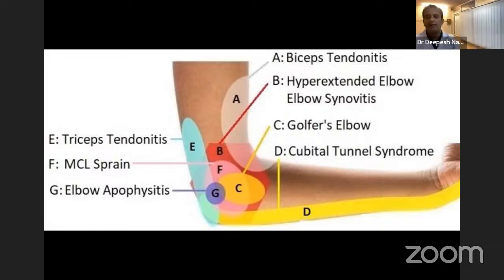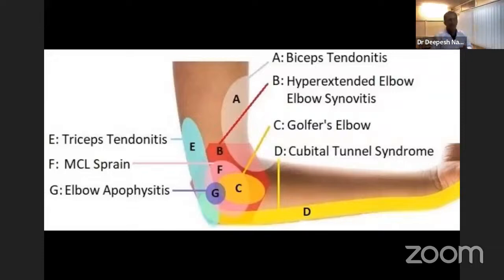C, D is cubital tunnel syndrome. It is related to neural problems. E is triceps tendinitis. F is MCL sprain, and G is elbow epicondylitis. Elbow tendinitis and the conditions related to elbow joint pain we will discuss in a separate way.